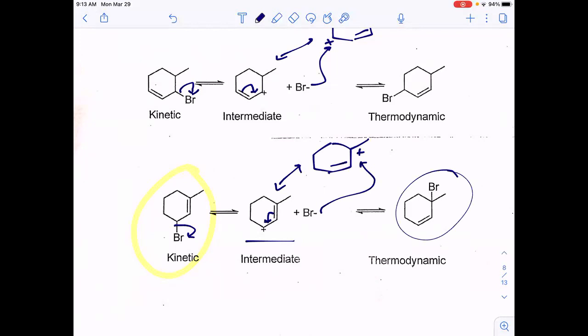So if you have the kinetic product and you want to convert it, not in every case, but in the case of this reaction where you have a conjugated diene that you're reacting with HX, then you just warm the reaction mixture up, add a little extra energy, and that added energy allows that kinetic product to revert back to the intermediate, and then the intermediate gets converted into the thermodynamic product.